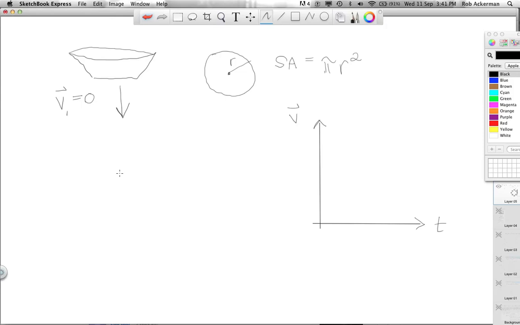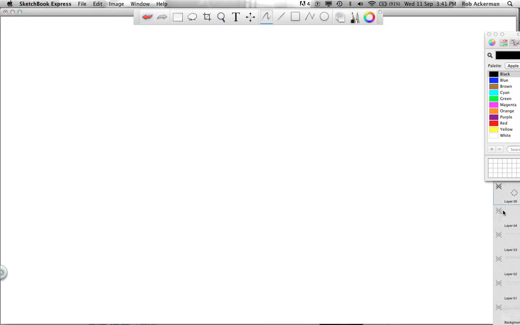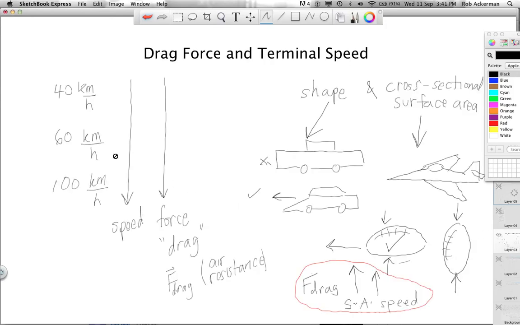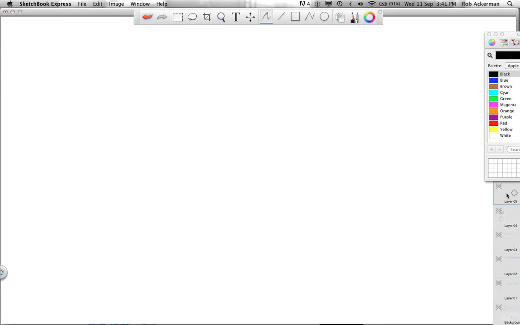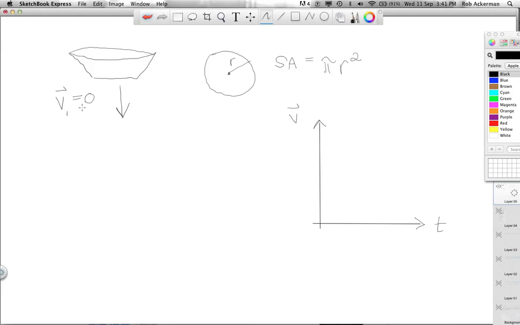That means there's no air resistance, because as you remember from putting your hand out the window as you're driving through the air on different roads, the slower you go, the less air resistance. Drag forces depend on speed. So with no speed, there cannot be any air resistance at all, which means that the only force acting will be gravity. So we have gravity only.